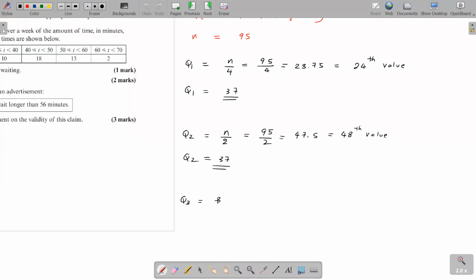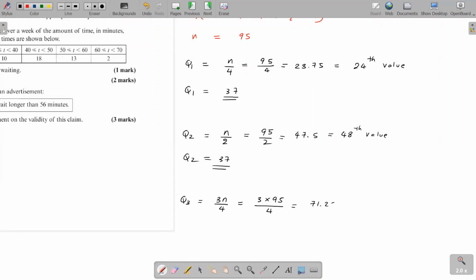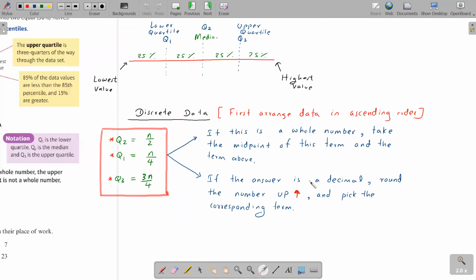So Q3, the formula is 3n over 4, which is 3 times 95 divided by 4. That is 71.25. Agreed? Again, what's the requirement? If the answer is a decimal, round the number up. Up doesn't mean rounding to the closest figure.